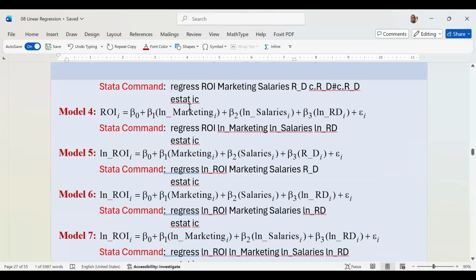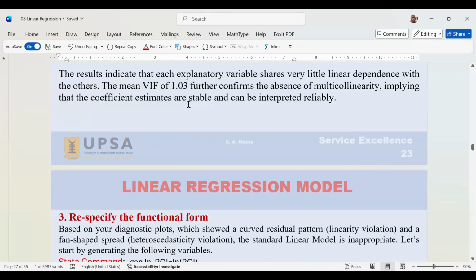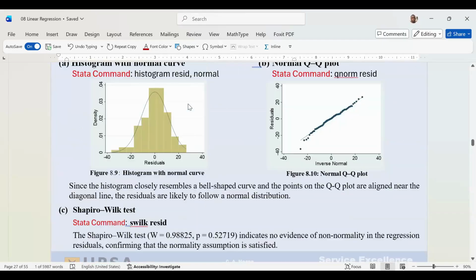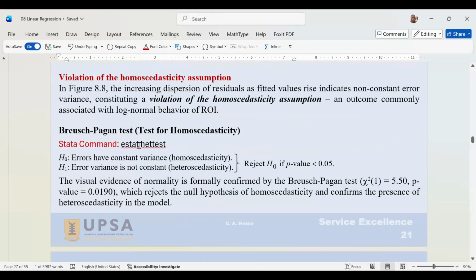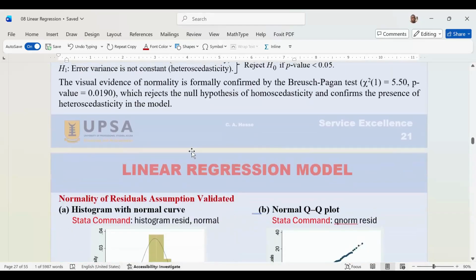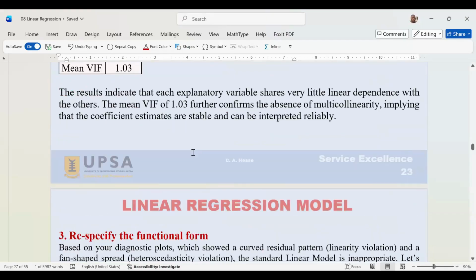Remember the command I gave you at the top? estat hettest. Just after running the log full model, you run this, then it will give you the results for the Breusch-Pagan test.